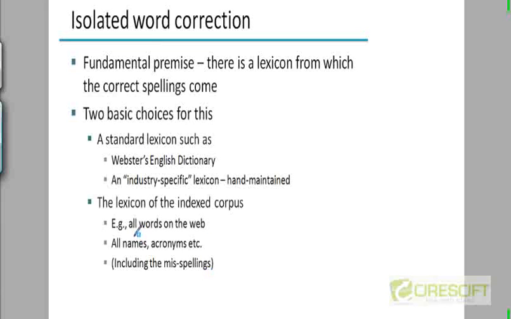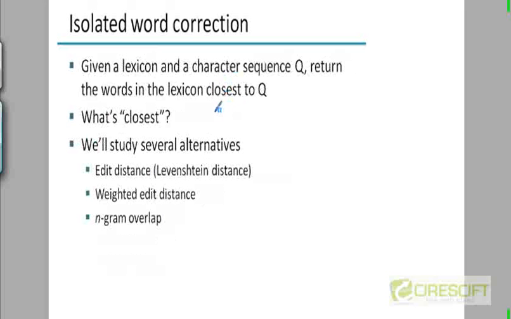So even though you could treat the entire set of terms appearing in the corpus as your lexicon, it's not that you'll be giving equal weight to every term. You'll give more weight to a term whose collection frequency is higher. So this is the first premise. There is a dictionary against which you will match a term in order to fix it.